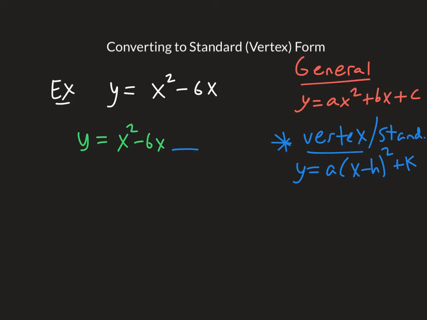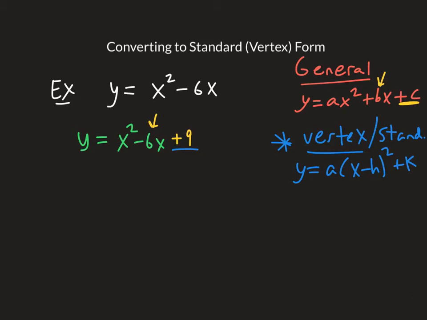The trick is, if you think about general form, we're looking at this b value and seeing how we can find the c value. The b value in our problem is -6. So we take half of that, which is -3, and then square it. Half of -6 is -3, and -3 squared is a positive 9. So that's what's going to go there.